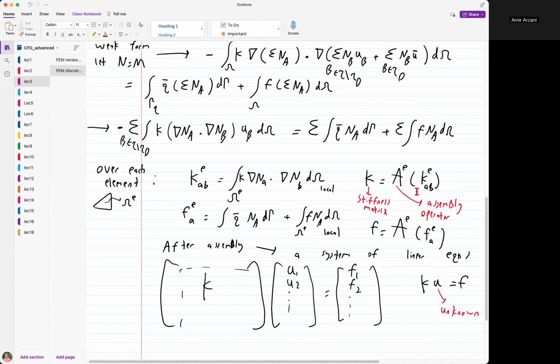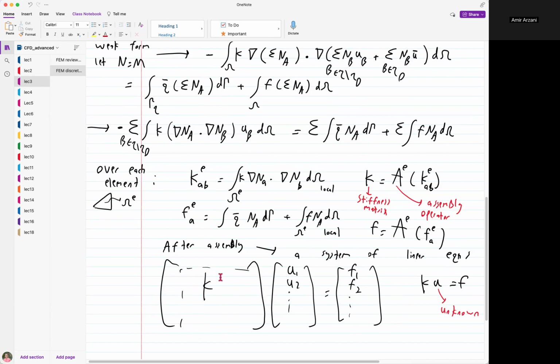So when we do the assembly, we know where to place them, and we add on top of what's already there these local tiny K matrices that we compute into the very big stiffness matrix K.